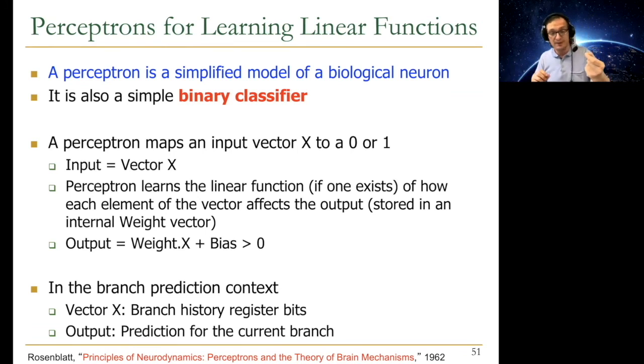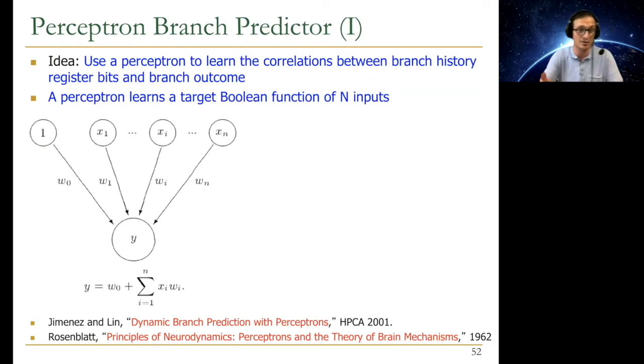If there's a strong correlation with taken, then you get a positive weight. Otherwise, you get a negative weight. And I'm not going to go into details, but you can do the calculations yourself. Basically, the idea is to use this perceptron to learn the correlations between branch history register bits and branch outcome.